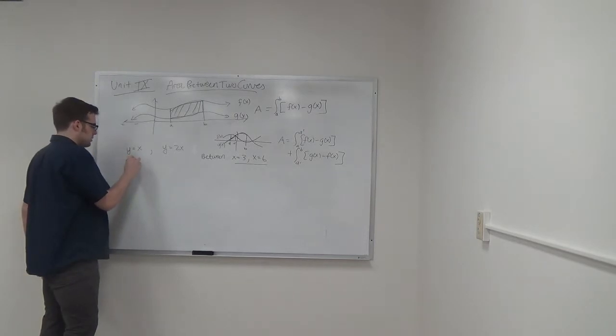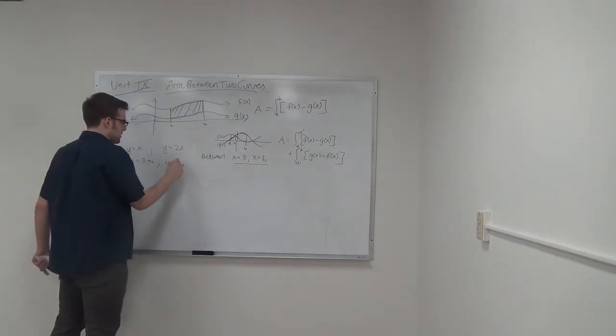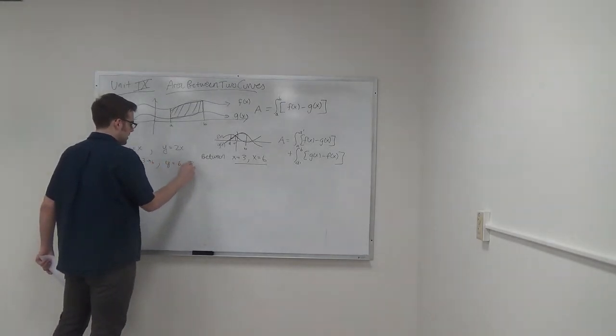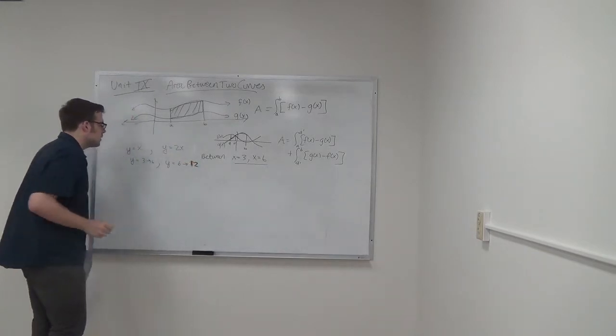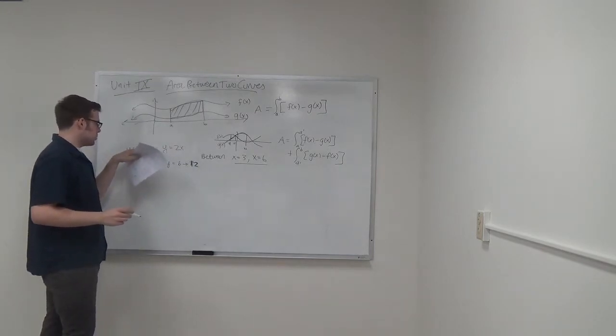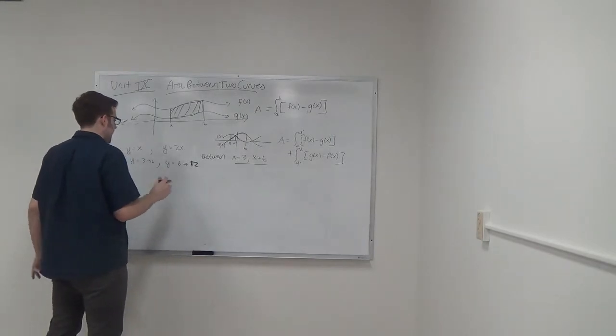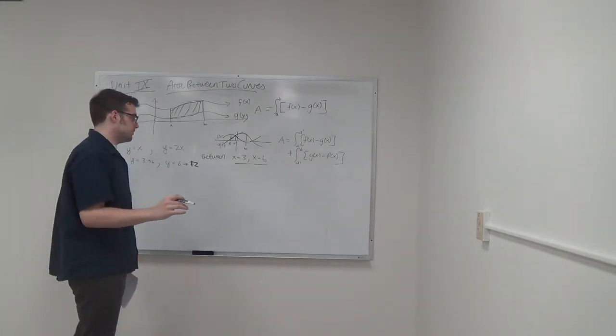So our range is between 3 and 6. And our range for this is between 6 and 12. So we can see that y equals 2x always overtakes x within this interval.